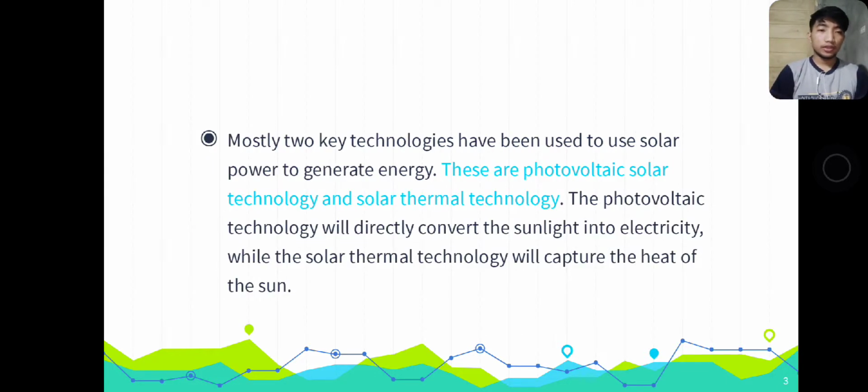So, yung karaniwan na solar technology na ginagamit is yung photovoltaic solar technology and solar thermal technology. Yung photovoltaic technology is it will directly convert the sunlight into electricity, while the solar thermal technology will capture the heat of the sun.